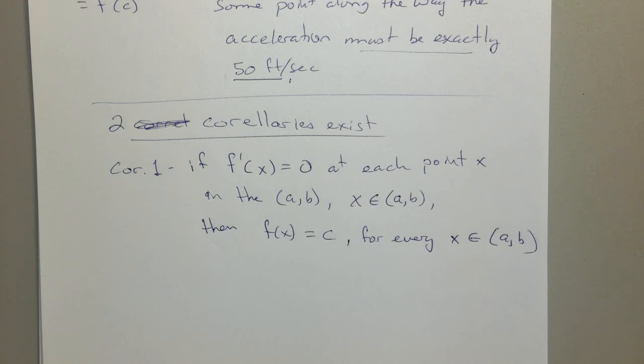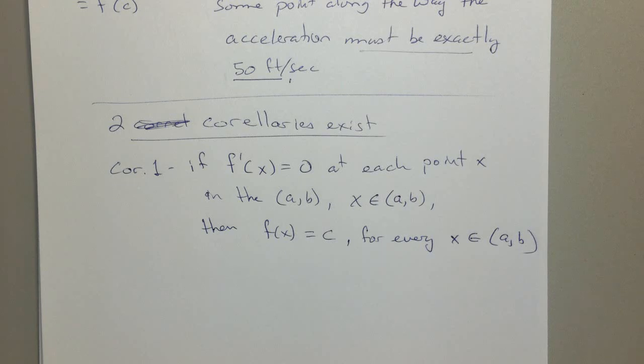What is that telling us? The mean value theorem says that there could be one or more values c in the open interval where the first derivative equals the average.